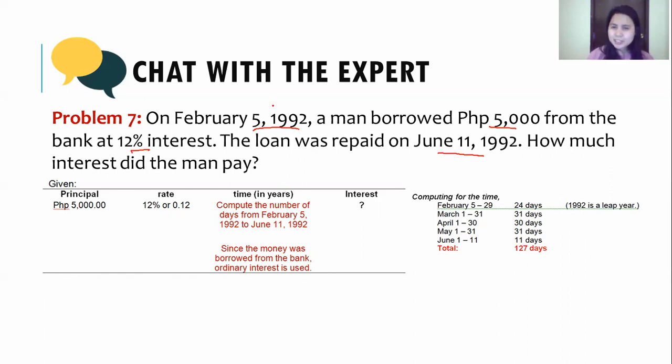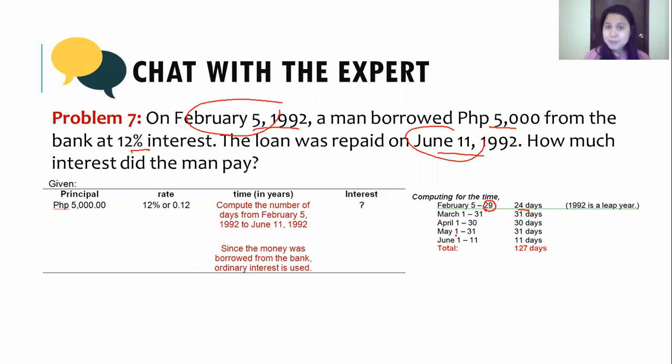You need to calculate how many days have elapsed from February 5 to June 11. So calculate from 5 to 29, that's 24 days. Take note that in 1992, February is a leap year. So it will end up to February 29.